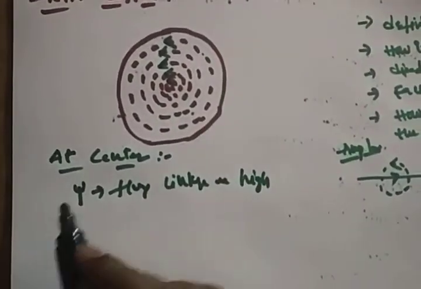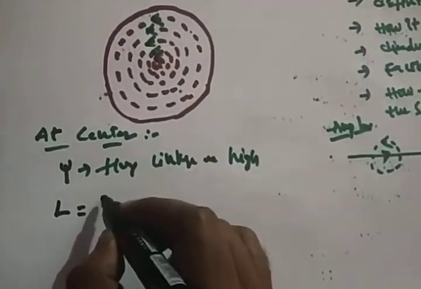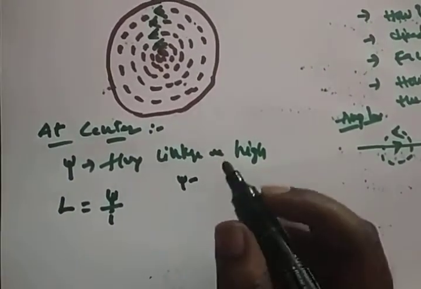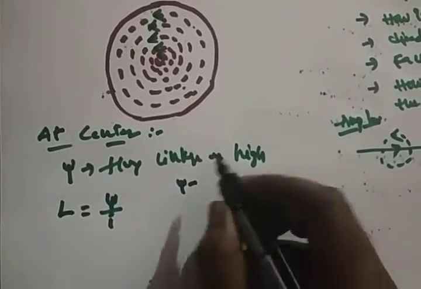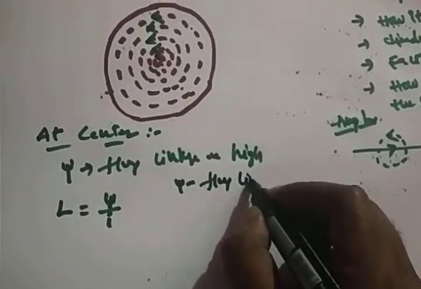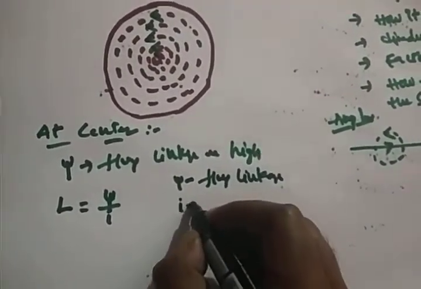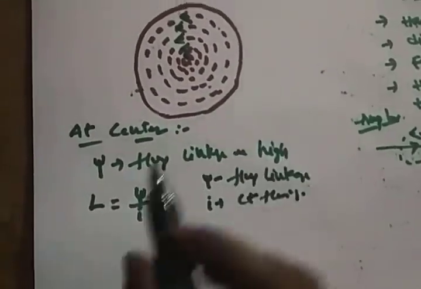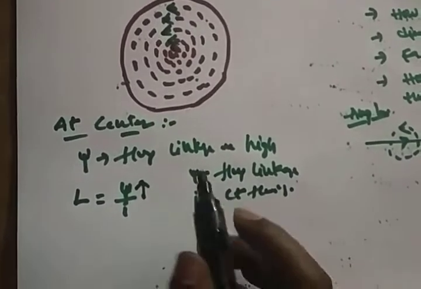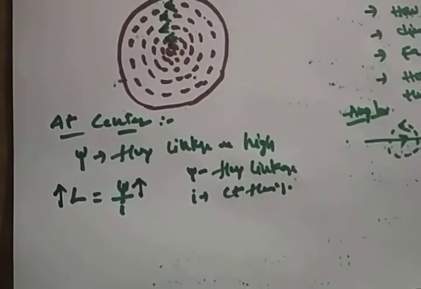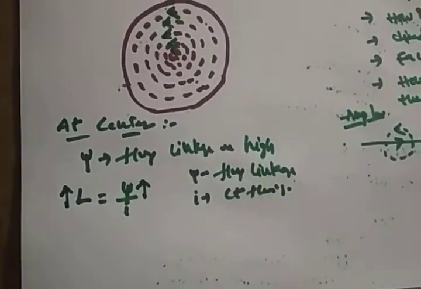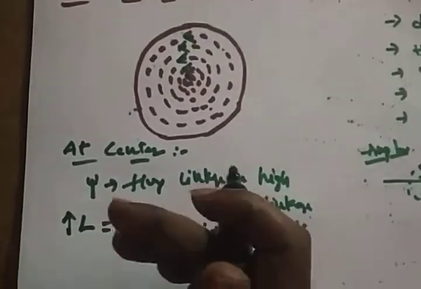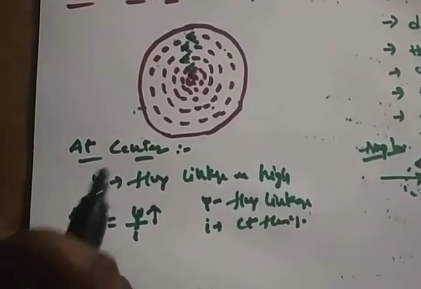If the flux linkage is high, you know the formula, L is equal to psi by I, where psi is flux linkages and I is the current flowing. So whenever the flux linkages increase, what about the inductance? Your inductance value will increase at the center of the conductor. Your flux linkages increase, your inductance increases.